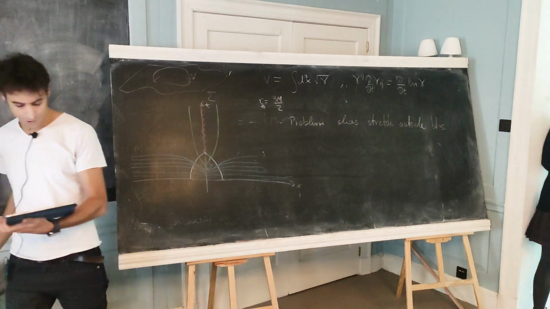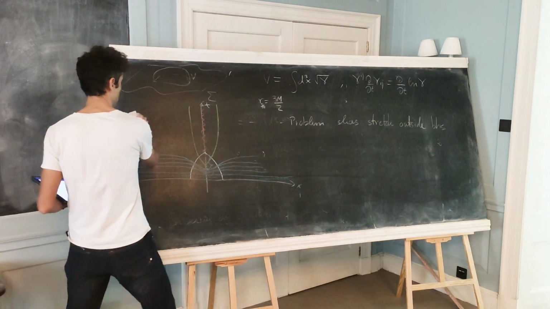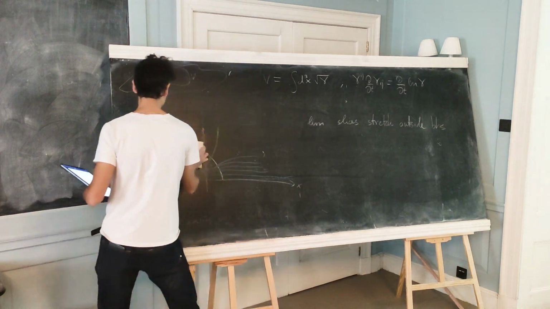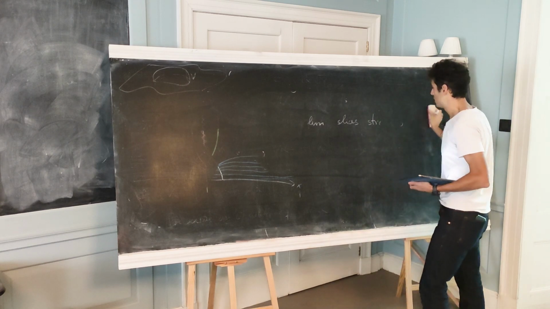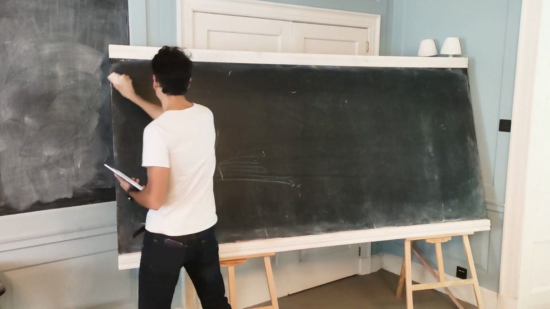So to see what kind of hyperbolic evolution equations one gets for the lapse, let's take a look at harmonic coordinates.